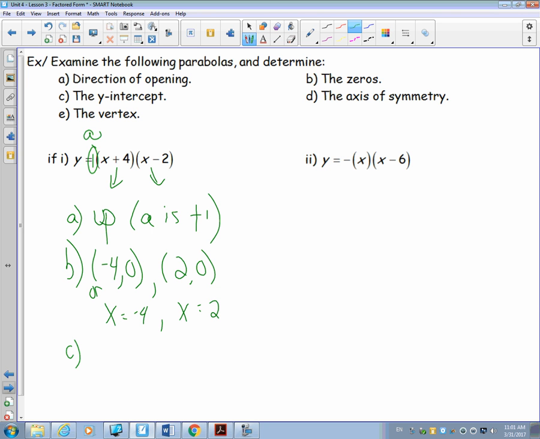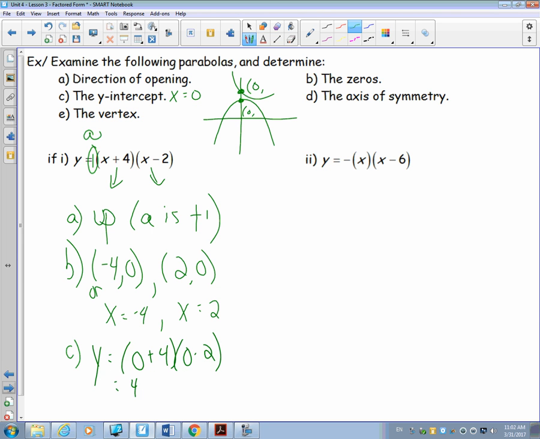But the nice thing about a y-intercept, and it's true for all parabolas, doesn't matter what it looks like, is this number right here, whatever dot that is, (0, something). So for the y-intercept, I can figure out what happens when x is 0. I use my equation, I put 0 in for x, and I do some BEDMAS. We'll get 4 times -2. My y-intercept is -8. That's pretty easy to find.